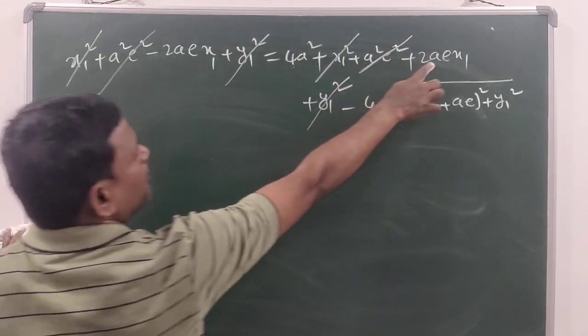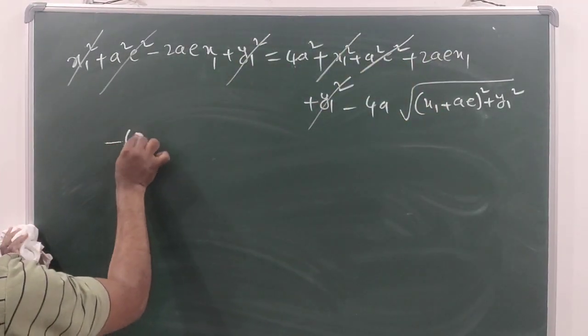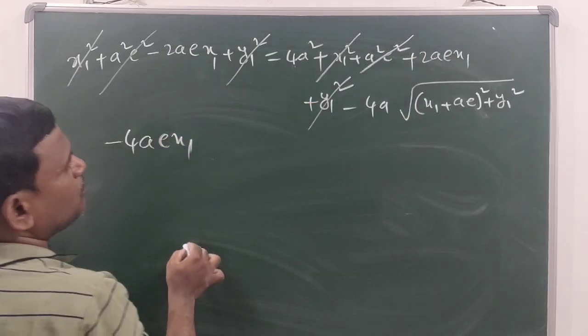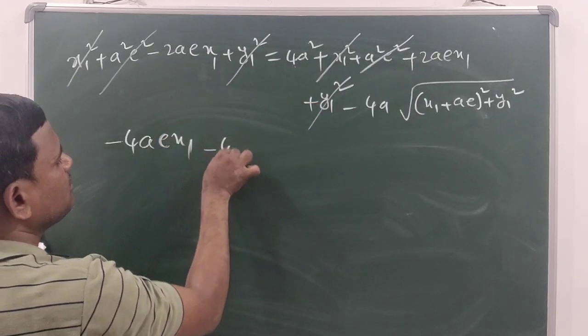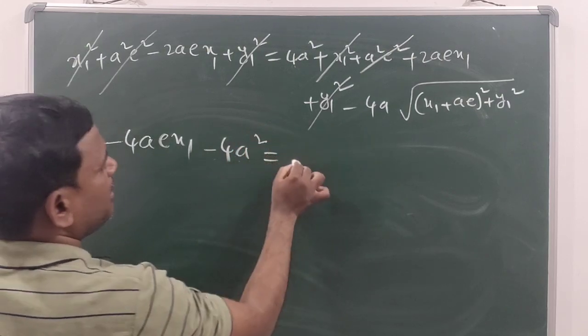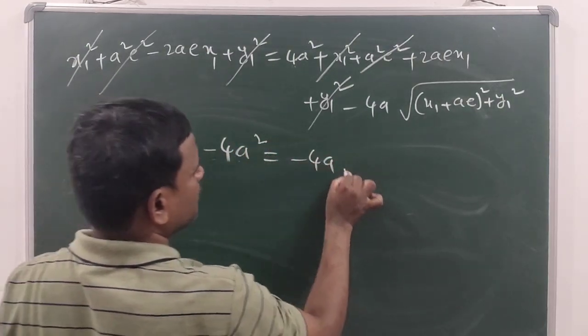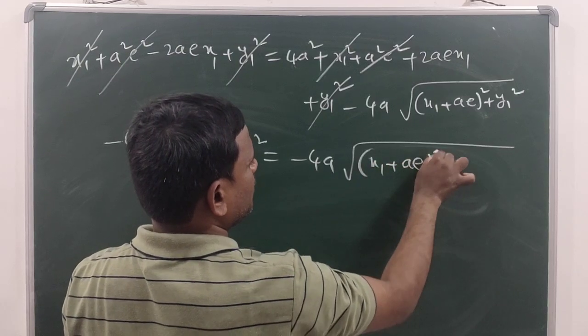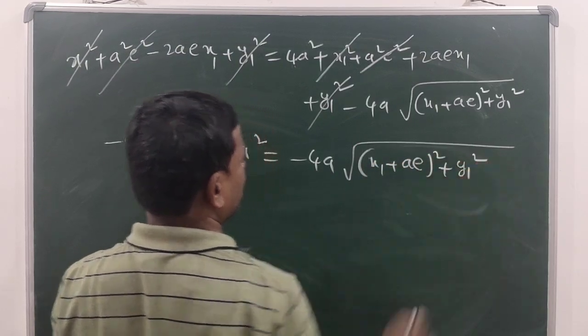When you bring this one left side, so minus 4AE x1, and here it is minus 4a square. When you bring left side, minus 4a square will come, and here it is minus 4a square root of x1 plus AE whole square plus y1 square.